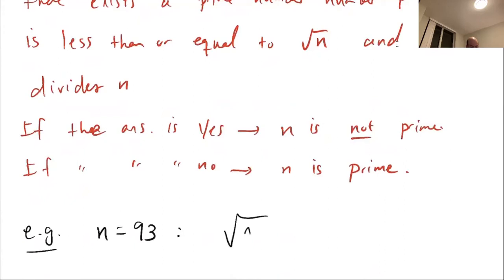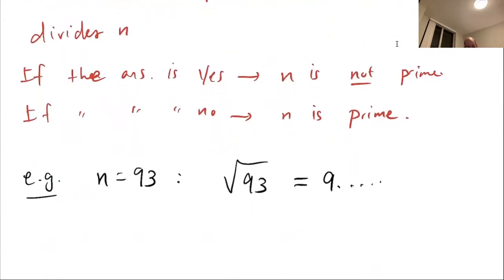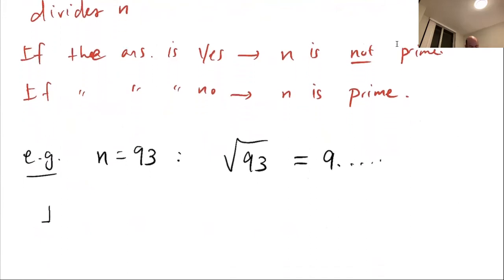How much is the square root of 93? Square root of 93 is 9 point something, right? So if n is not prime, then it must have a prime factor less than or equal to 9 point something.